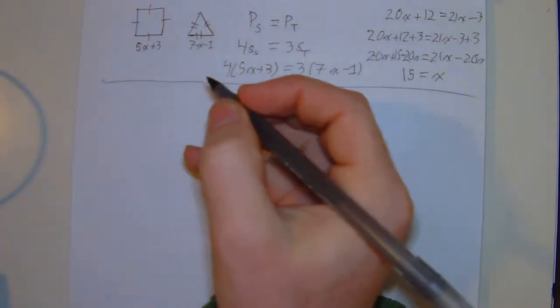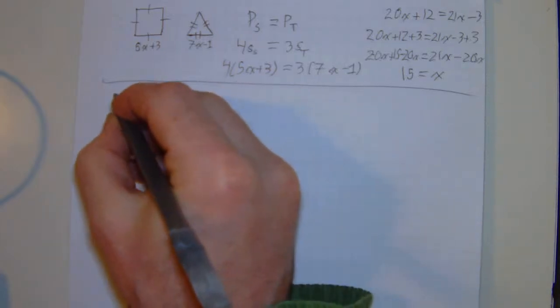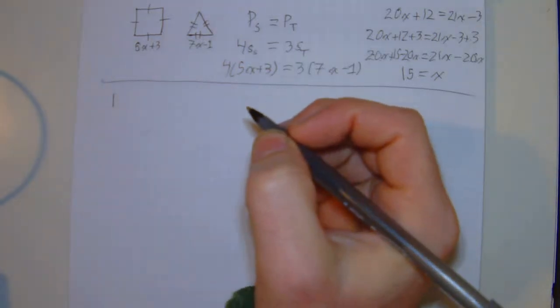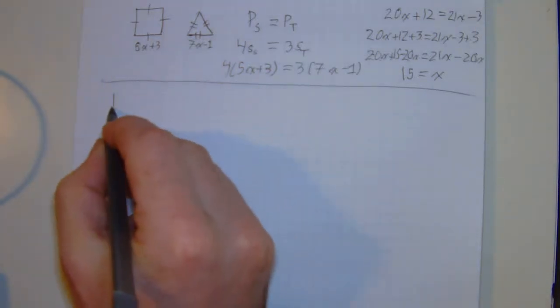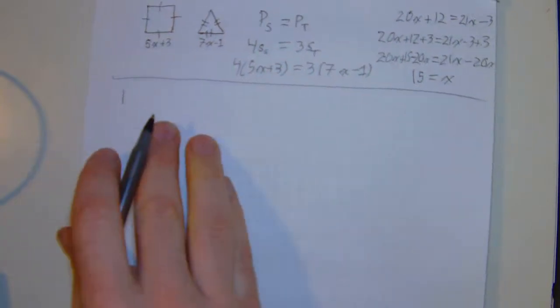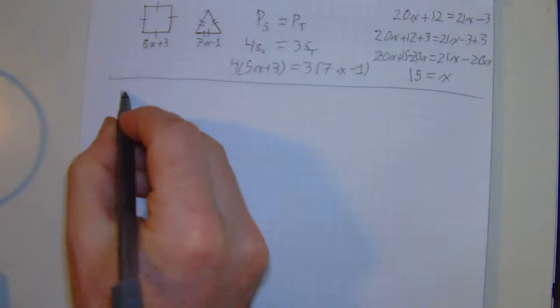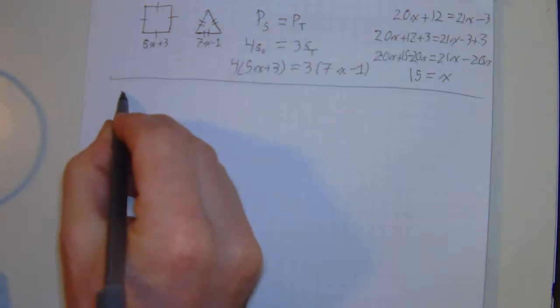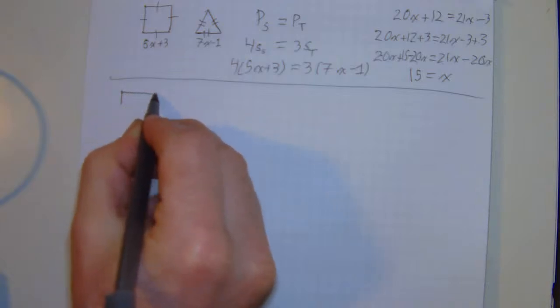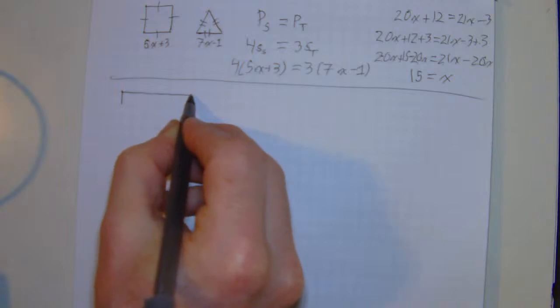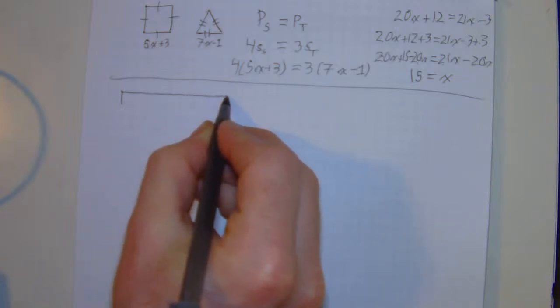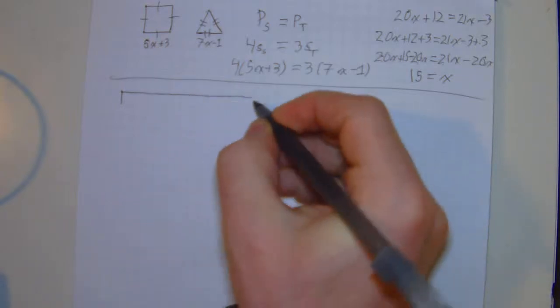If we have 24 sections of fence, we could go with a garden that is 1 section high. You can see I'm using gridded paper, so it'll help me out. I happen to know this, and we'll talk about how I know it later: 1, 2, 3, 4, 5, 6, 7, 8, 9, 10, 11 sections long.